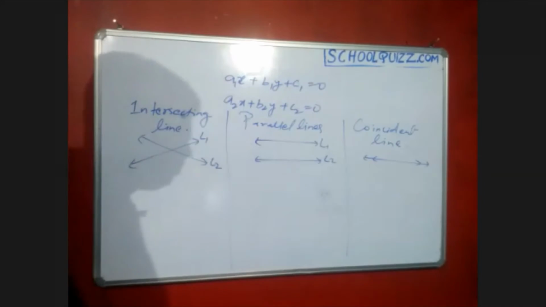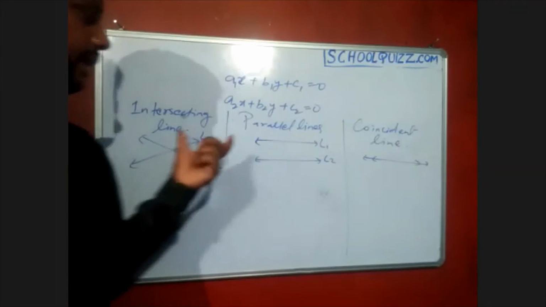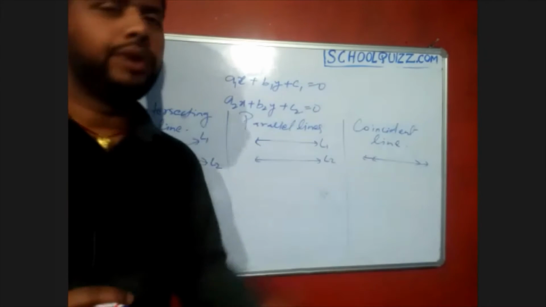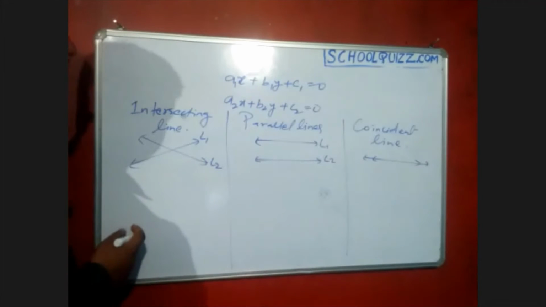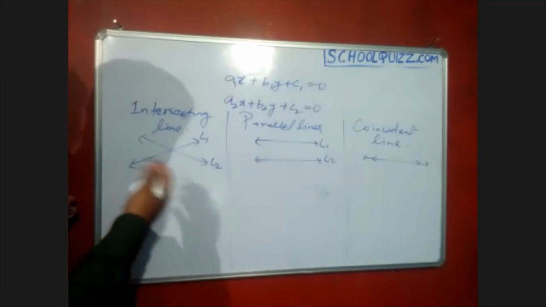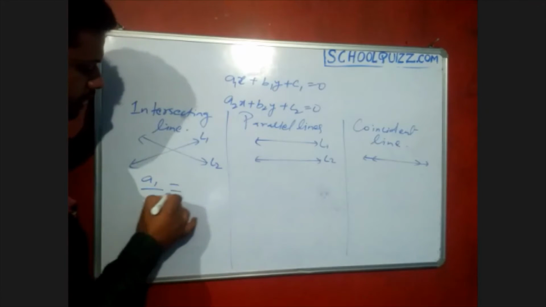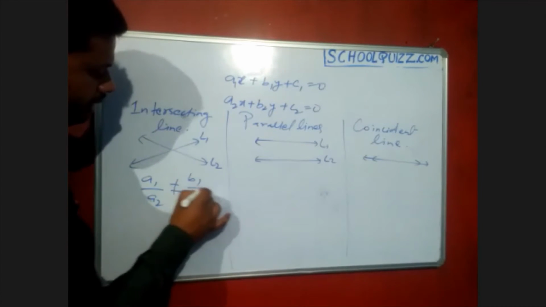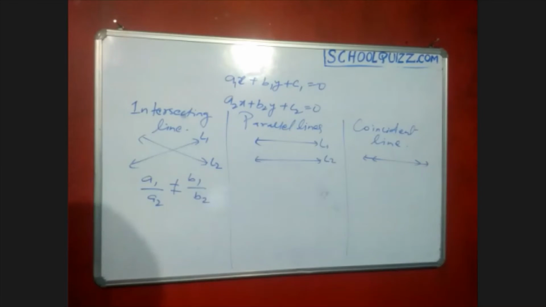So how can we identify from the equations whether the lines are intersecting, parallel or coincident? The conditions are given. If it is intersecting, then a1 by a2 should not be equal to b1 by b2.